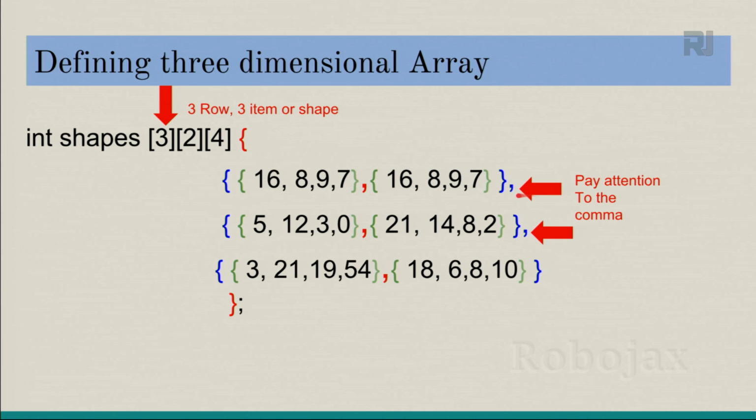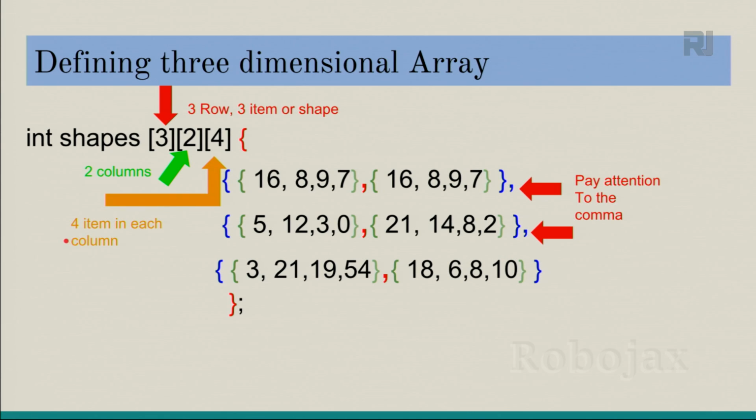So pay attention to the comma. Now we have 2 of this because we have 3. So 1 is here and then 2 in each row. This 2 refers to the 2 columns. The 3 means 3 rows, and then 4 means 4 items in each column. So 0, 1, 2.